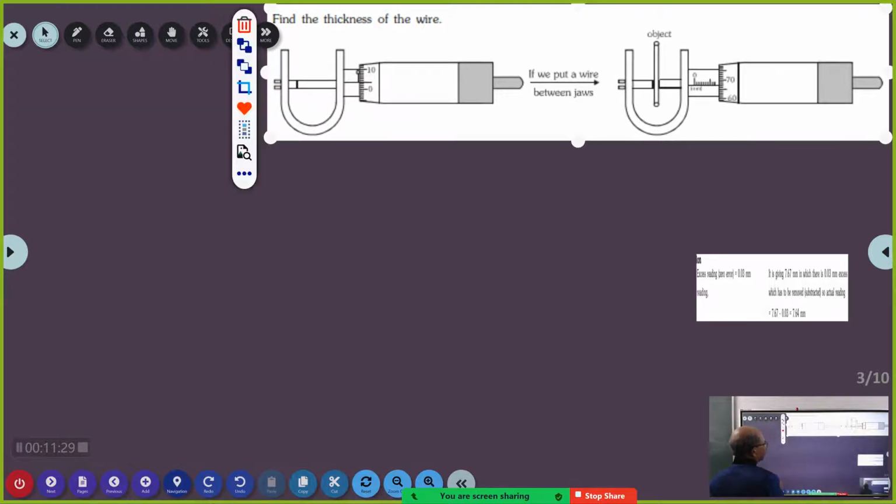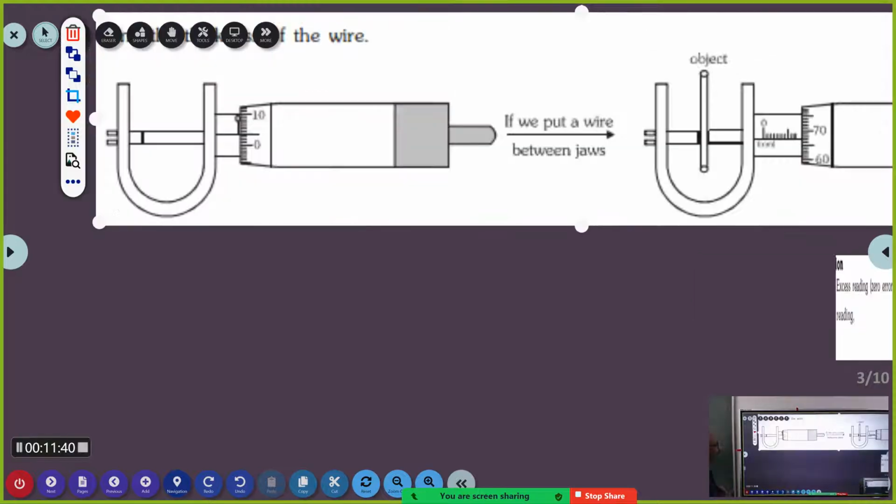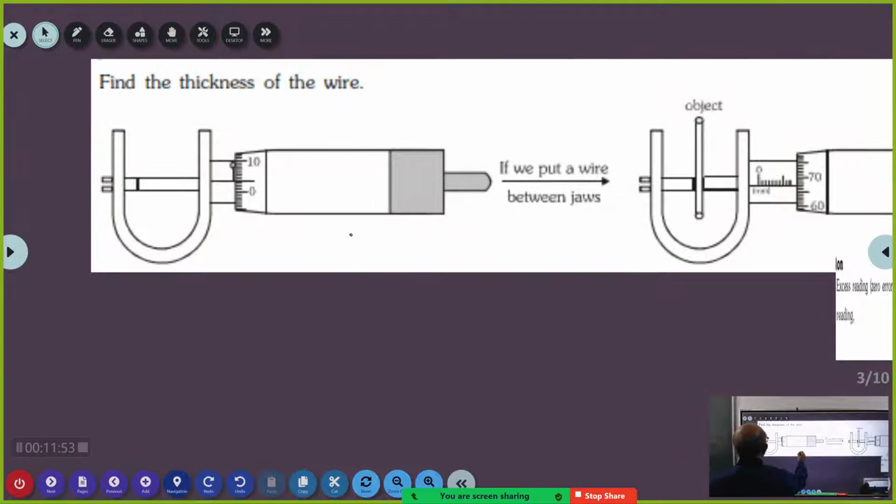Is it improving? Hello? Not even. Okay, now I think it's better. Can you spot the readings here? This is before the wire is inserted. This is after the wire is inserted. So the question here is, find the thickness of the wire.